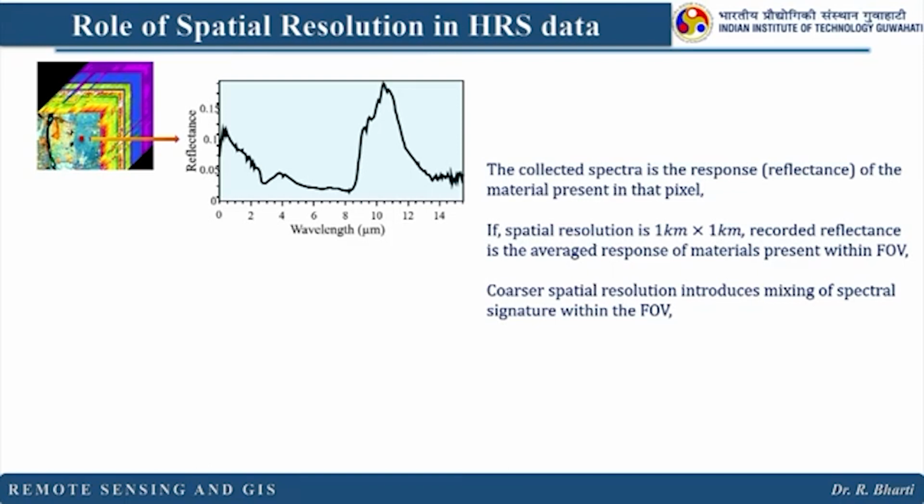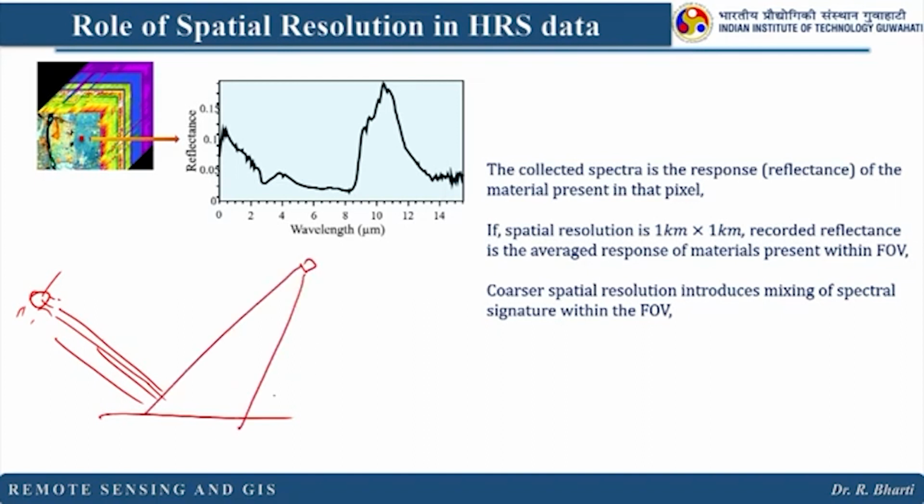Now the coarser spatial resolution introduces mixing of spectral signature within the field of view. And how is it happening? Let us assume the sun is illuminating this particular surface, right. Now your pixel size is something like 1 kilometer by 1 kilometer. So what will happen?